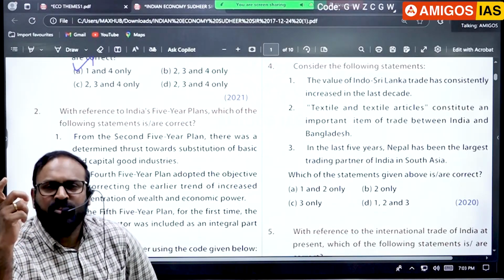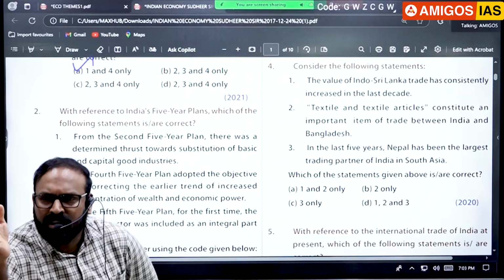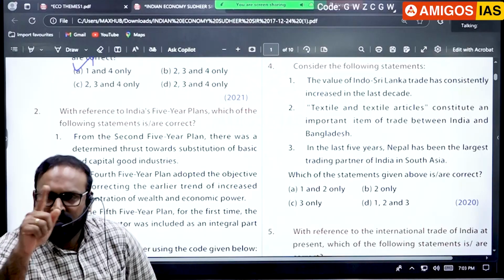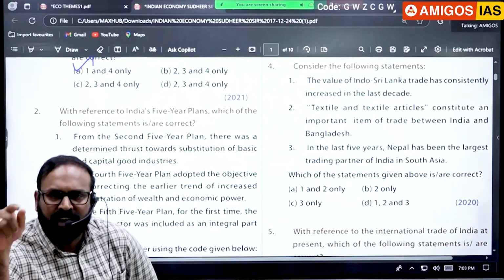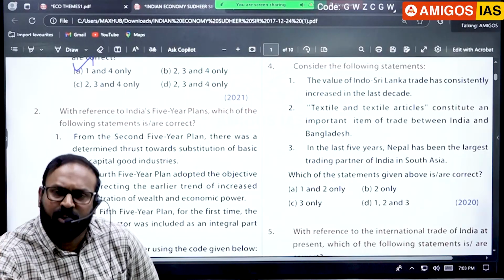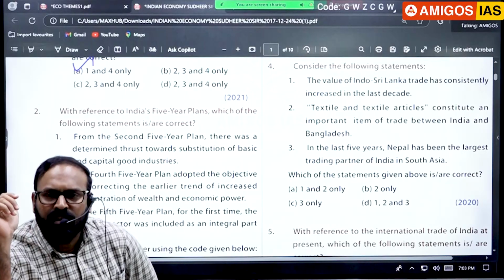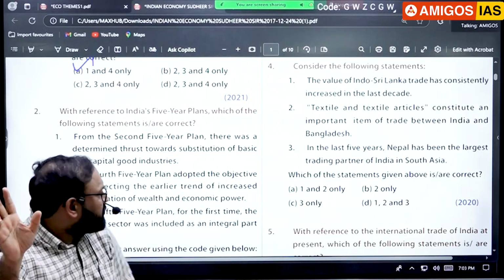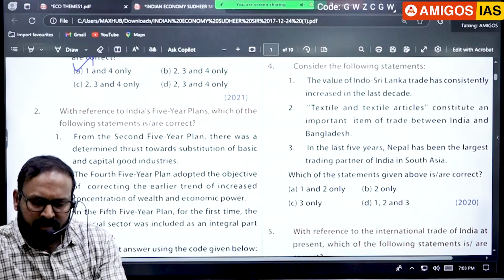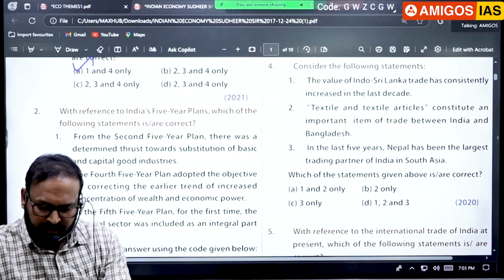What kind of image does it give to the Indian economy if foreign companies are leaving your country? On one hand, the Prime Minister and Finance Minister say India is a destination of manufacturing. They are inviting foreign companies to come to India. Use that logic, and you can say the second statement is correct.